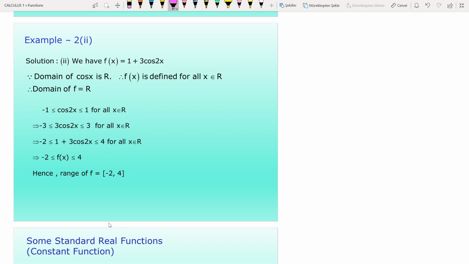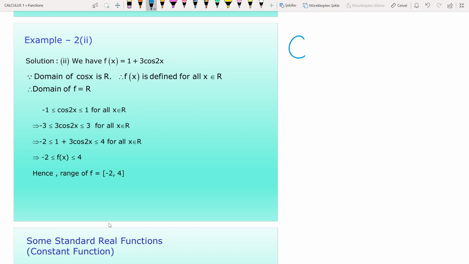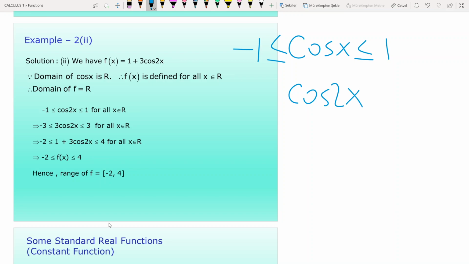We know that the cosine function is in between 1 and minus 1. Also cosine 2x, cosine 3x, cosine 1 billion x is also in between -1 and 1.